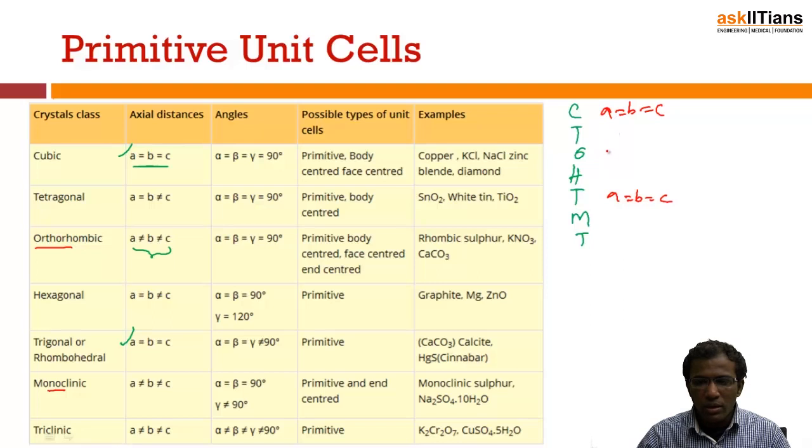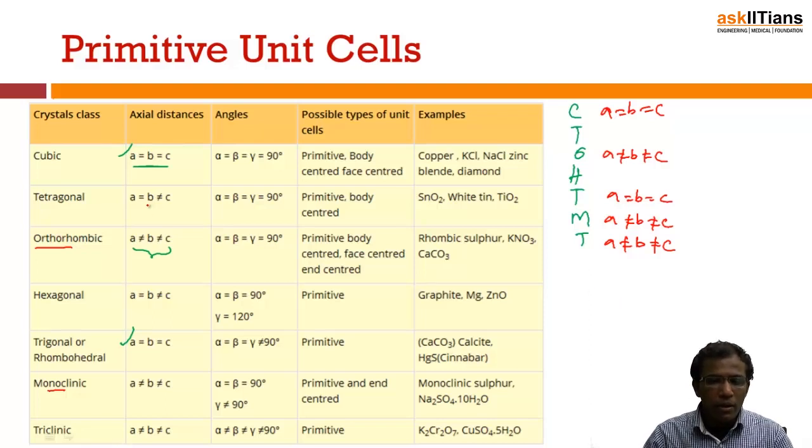So orthorhombic, A not equal to B not equal to C, and monoclinic and triclinic, which are the last 2, also have different edge lengths, A not equal to B not equal to C. So we have covered 5, and only 2 remain. Those 2 have the same unit cell parameters, A equal to B not equal to C. In this way you are able to remember these edge lengths.